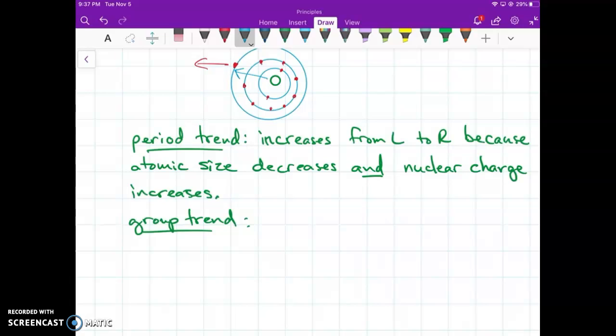So the group trend is that ionization energy decreases down a group because radius increases. Again, making it easier to remove a negative electron the further it is from the positive nucleus.